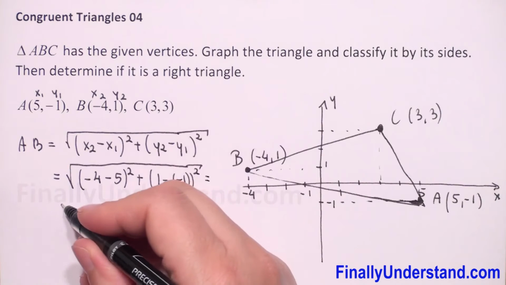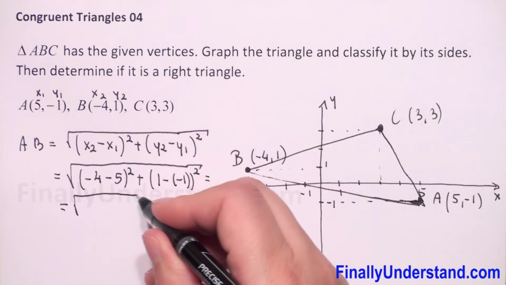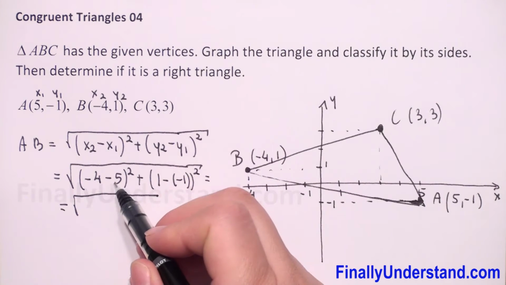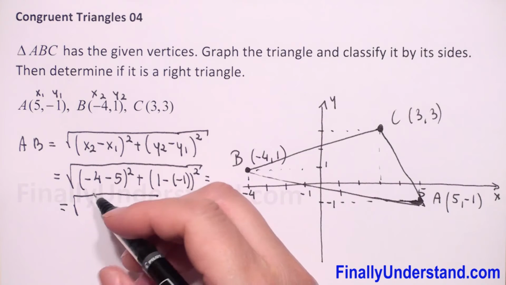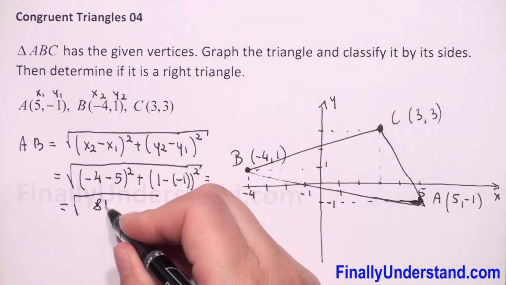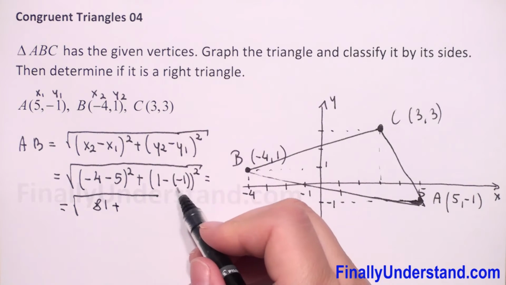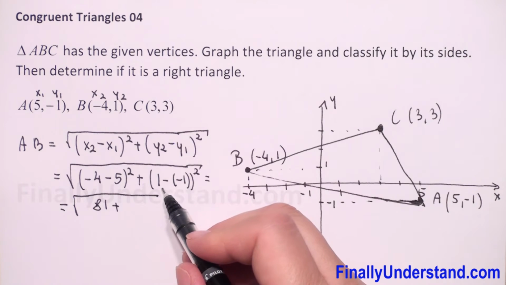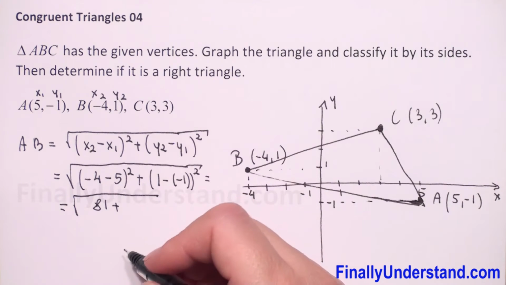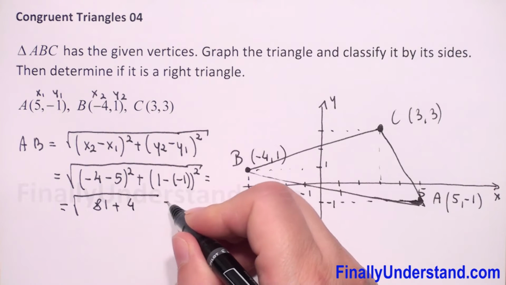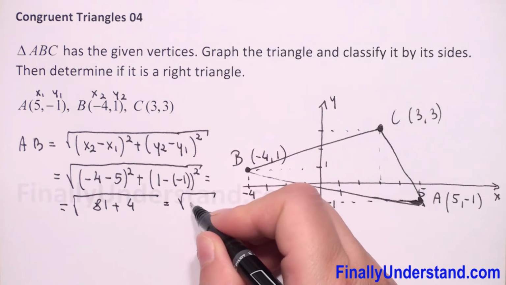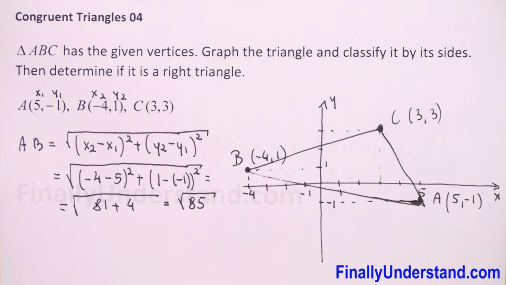So this is equal to the square root of -4 minus 5 is -9, to the second power is 81, plus, negative and negative give positive, so 1 plus 1 is 2, to the second power is 4. So this is equal to the square root of 85.